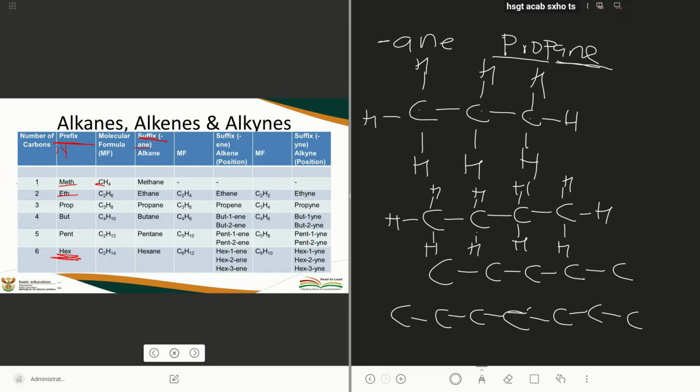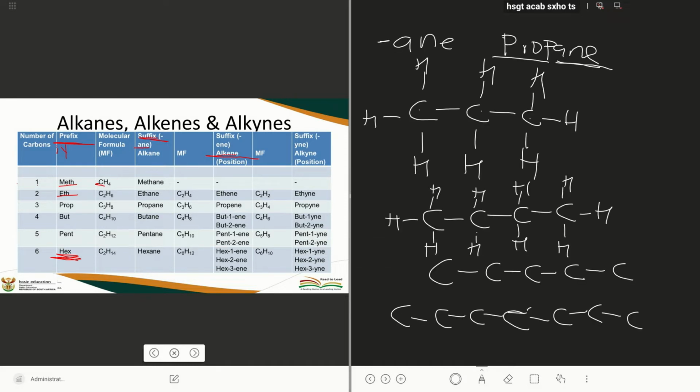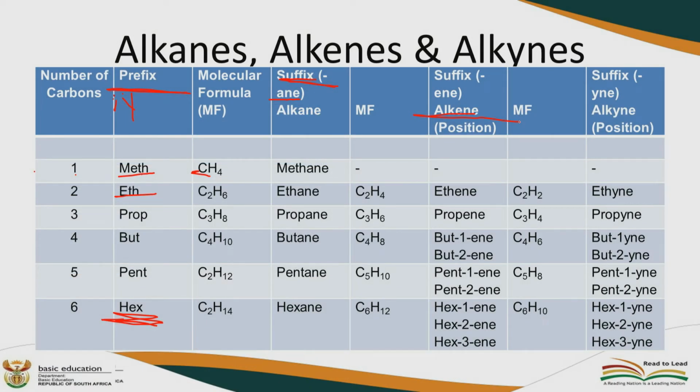Now let's move. When you want to move from alkanes to alkenes, you will see that for alkenes, which is what we are having here, remember meth, we said is 1 carbon.